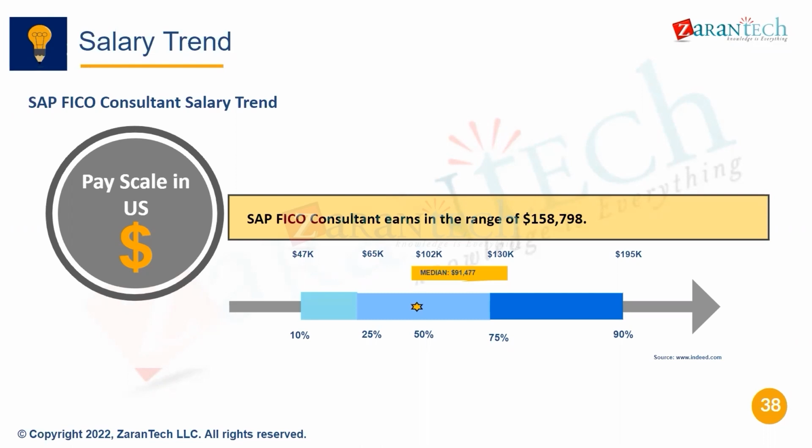It depends on person to person how fast you can grasp and practice and improve your knowledge, and you can grow on the career ladder. You can start with the junior consultant, and after 2 or 3 years you can go to the senior level and team leader, project manager, like this. It all depends on your interest and your efforts.